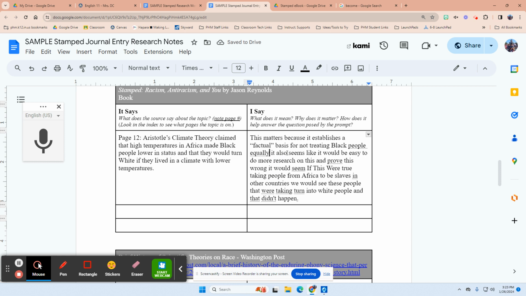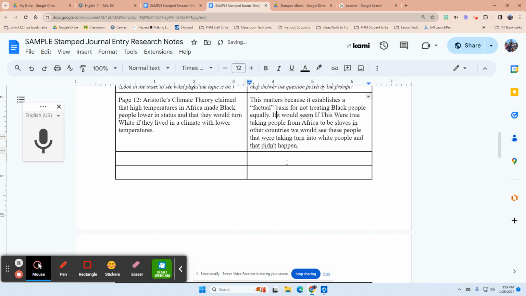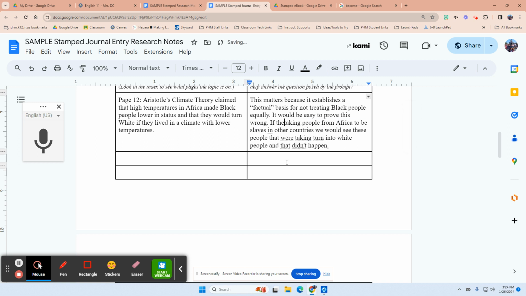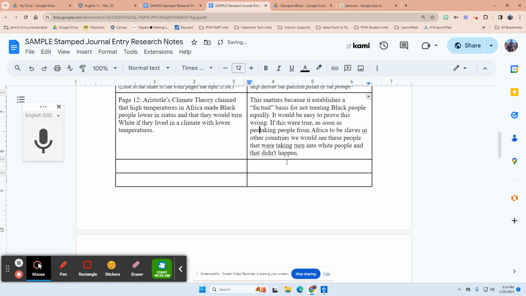And then I just need to add some end punctuation. And I'm going to shorten this up by saying it would be easy to prove this wrong.